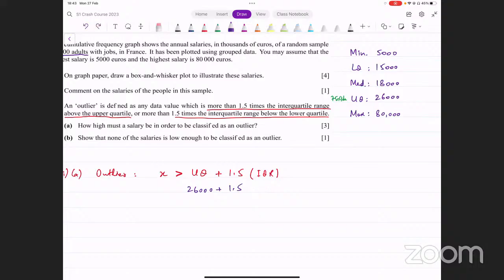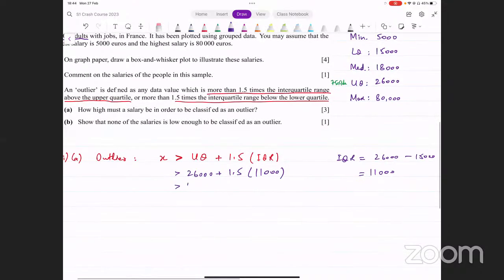Let me actually calculate that on the side. Interquartile range is 26,000 minus 15,000, which is 11,000. So 1.5 times 11,000 gives you 16,500, and that gives you 26,000 plus 16,500, which will turn out to be 42,500.